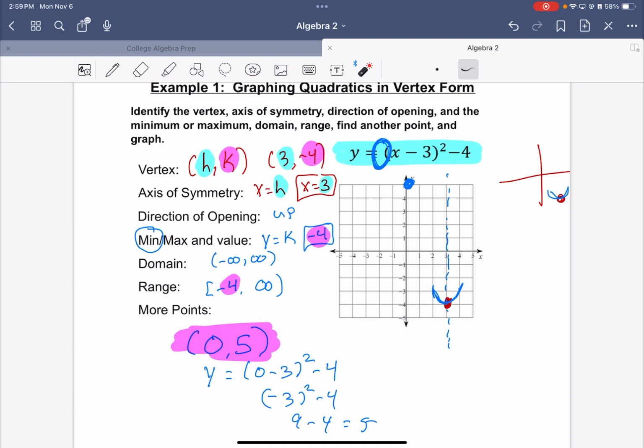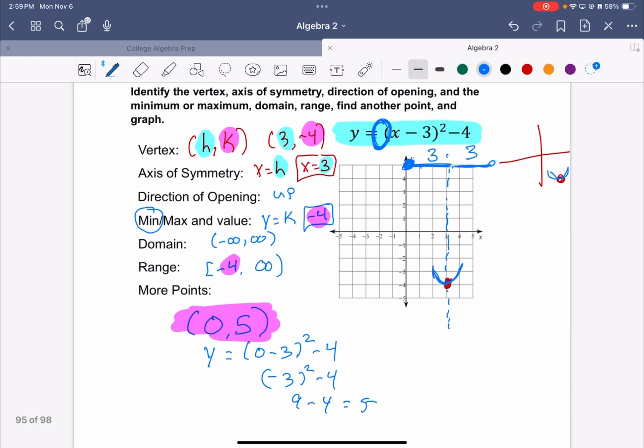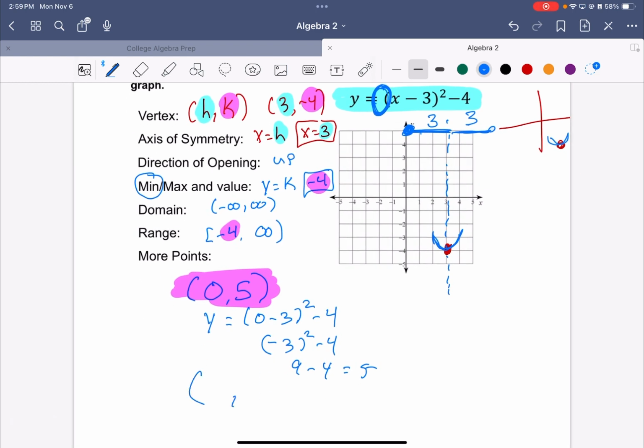So we talked about then that if I have that (0, 5), if I go over that many units, I'm to the line of symmetry. How many units have I gone over? I've gone over 3 units. So if I go over another 3 units, I'm going to get to another point out there. My y value is not going to change. My y value is 5. What's my x value now?